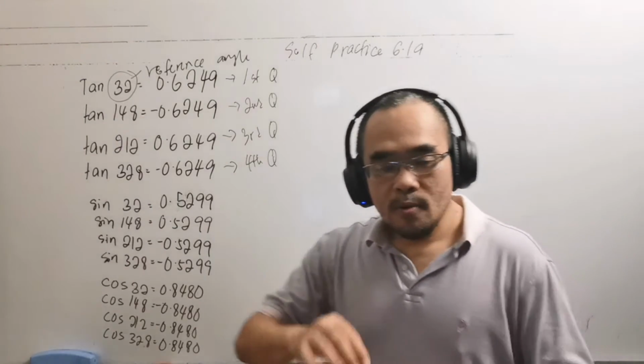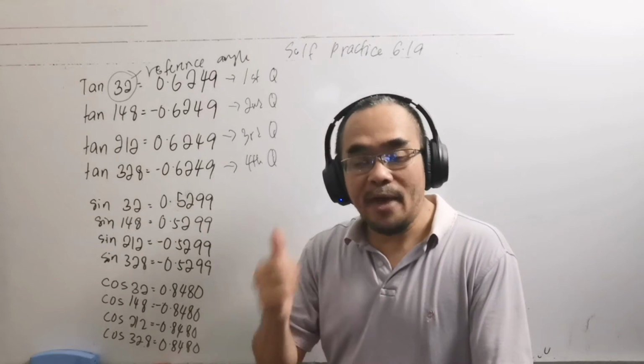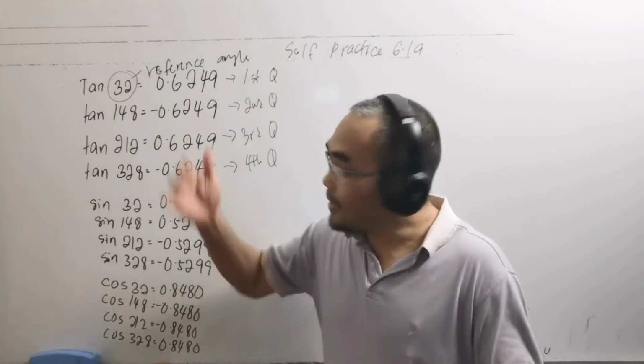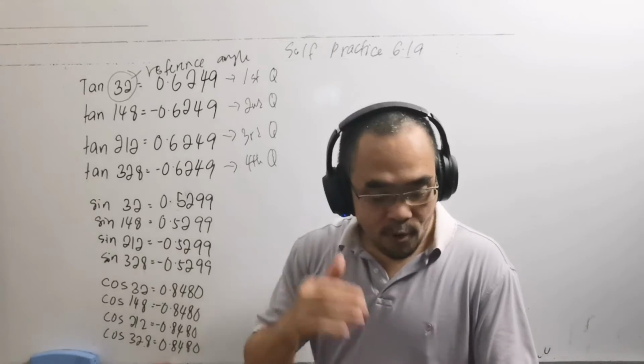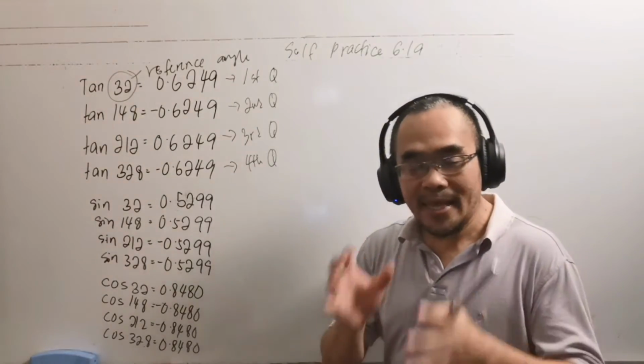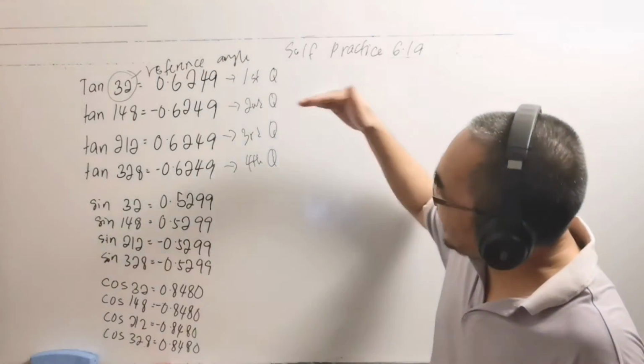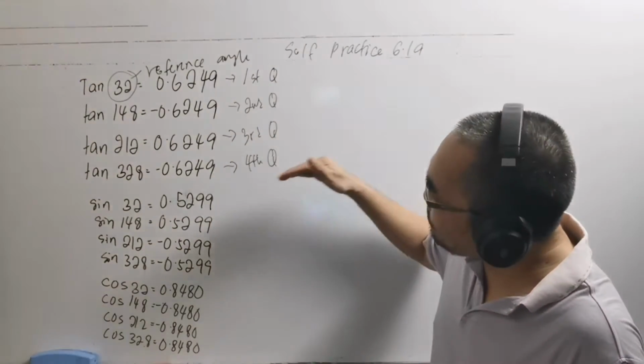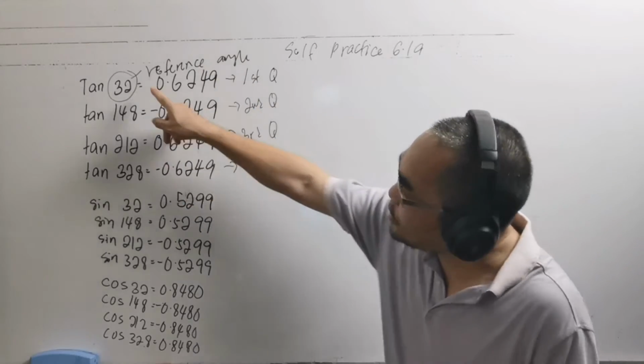Okay, so for this 6.1a, we are talking about how I can get from the second, the third and the fourth quadrant, and come back to the 32.